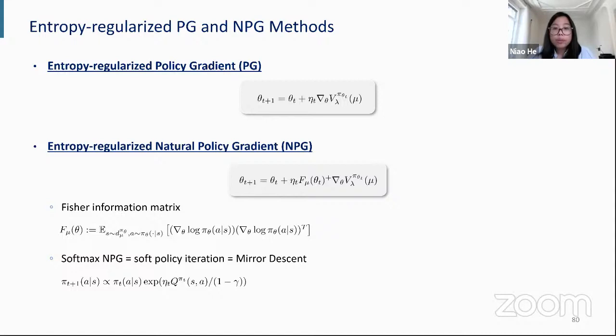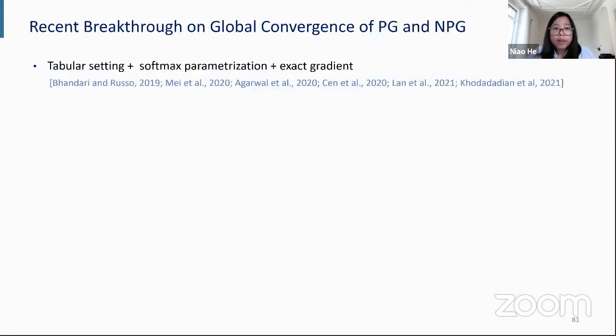As I said, all of these problems are inherently non-convex, but there are many very interesting recent breakthroughs on understanding the convergence of policy gradient and natural policy gradient. Many of these results show intriguing and exciting results about global convergence.